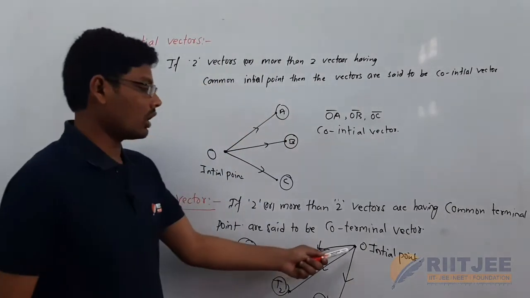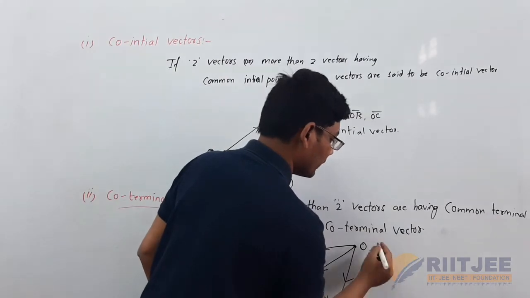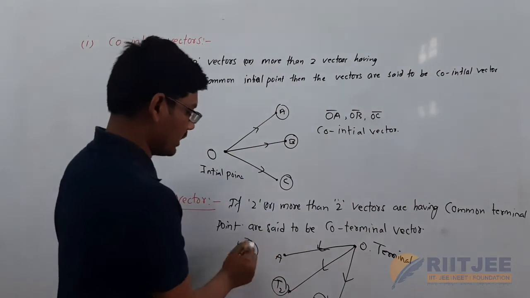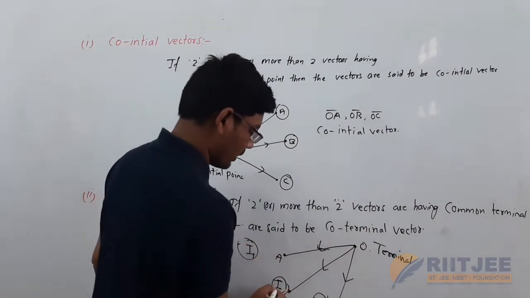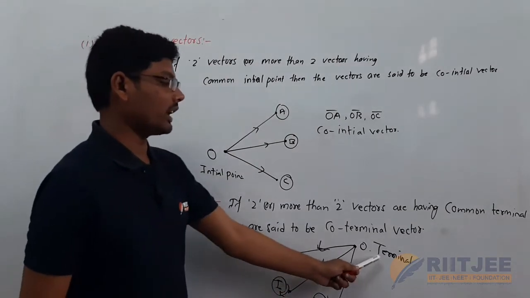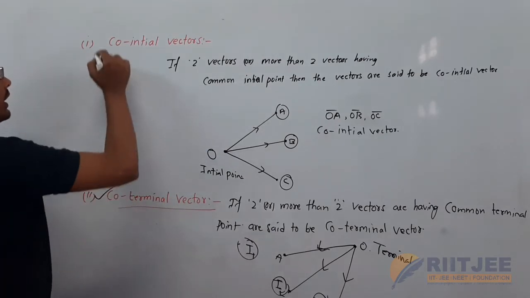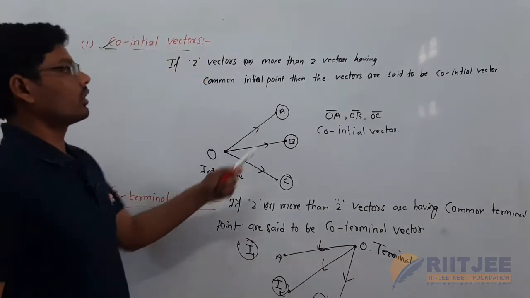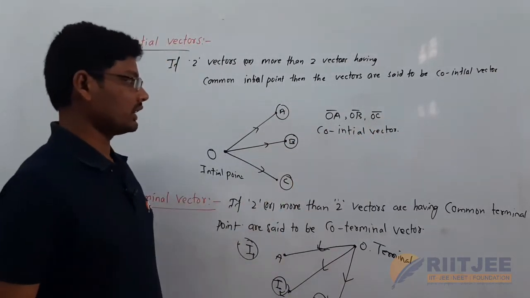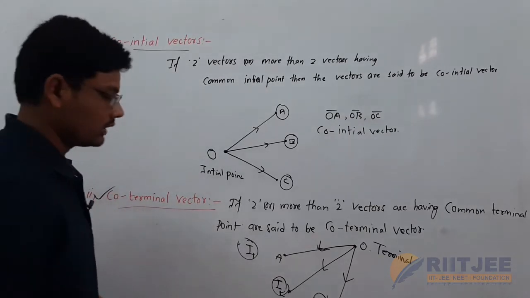Here we have a common terminal point, and it is having initial point 1, initial point 2 and initial point 3. If we have a common terminal point and different initial points, then the vectors are said to be coterminal vectors. If the vectors are having a common initial point and different terminal points, then the vectors are said to be coinitial vectors. This is all about coinitial and coterminal vectors.